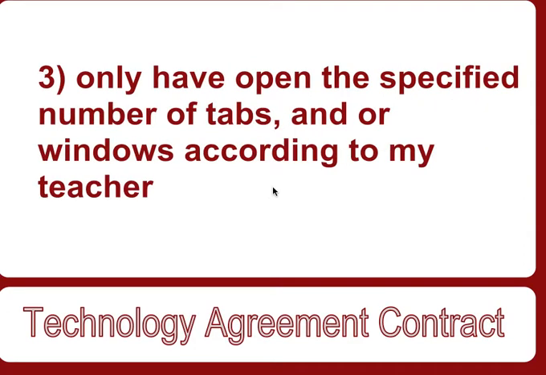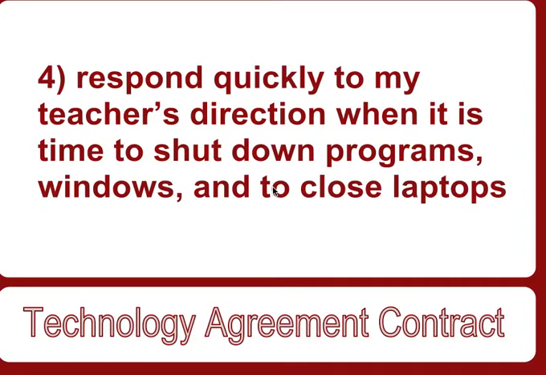Only have open the specified number of tabs and or windows according to my teacher. Respond quickly to my teacher's direction when it is time to shut down programs, windows, and to close laptops.